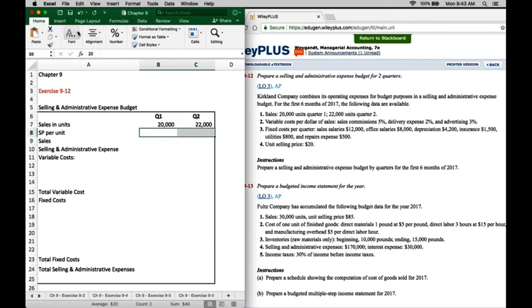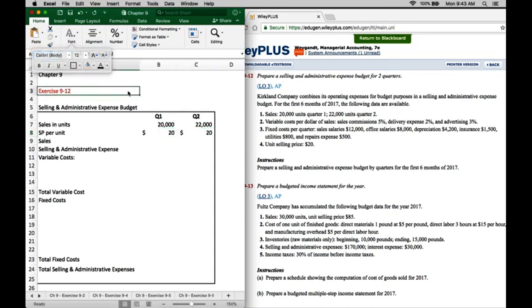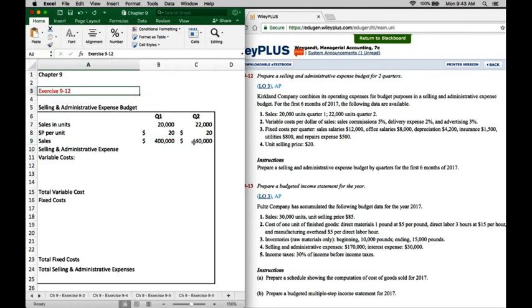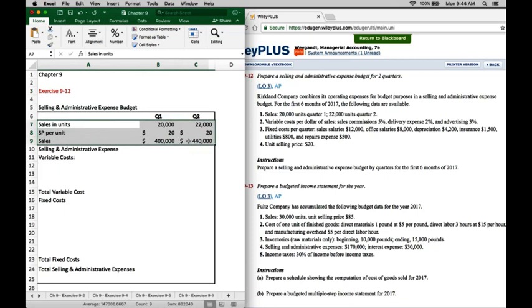My selling price per unit is 20. That hasn't changed. They've told us the unit selling price is 20, which means the sales number is going to be 400,000 and 440,000. Now I needed this information in order to calculate the variable cost.